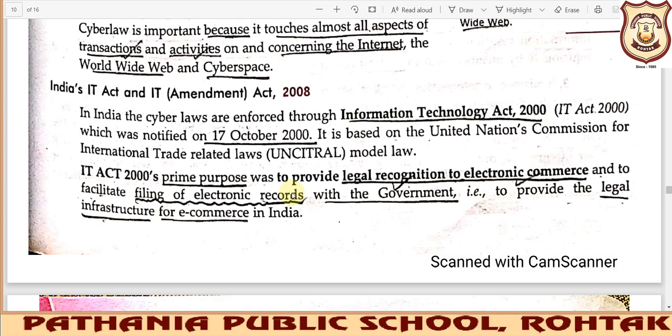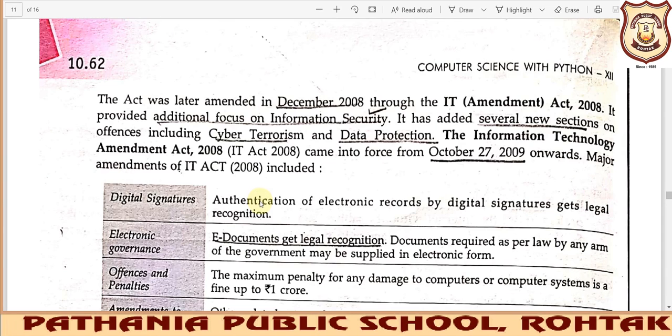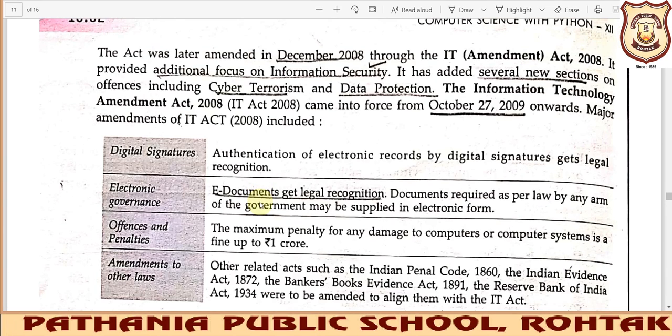But later the government made many changes in these acts. Basically they were required for e-commerce, because shopping and money transactions started on the internet, so their security was a major concern. So in December 2008 many amendments were made in order to enhance the security of the information being shared.